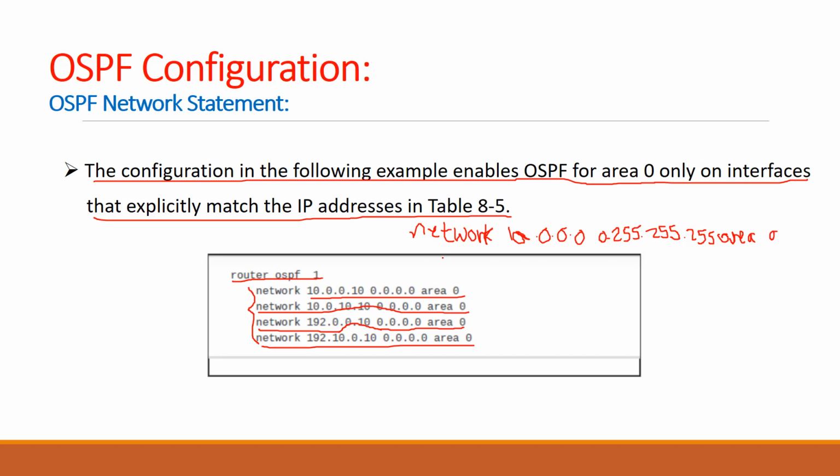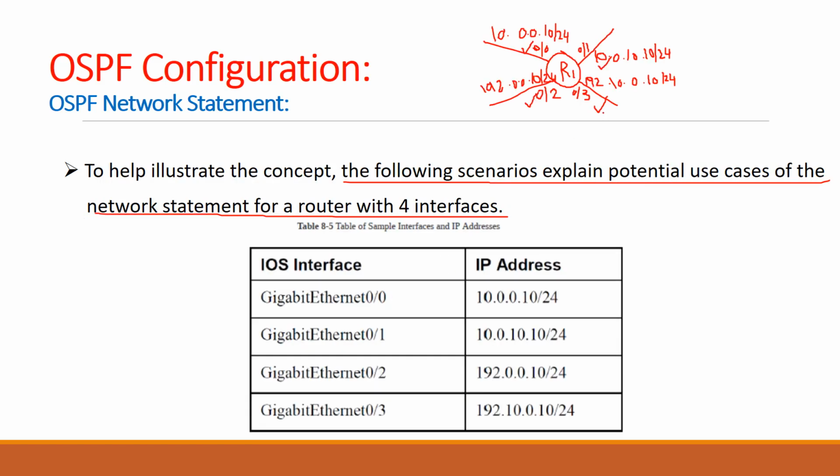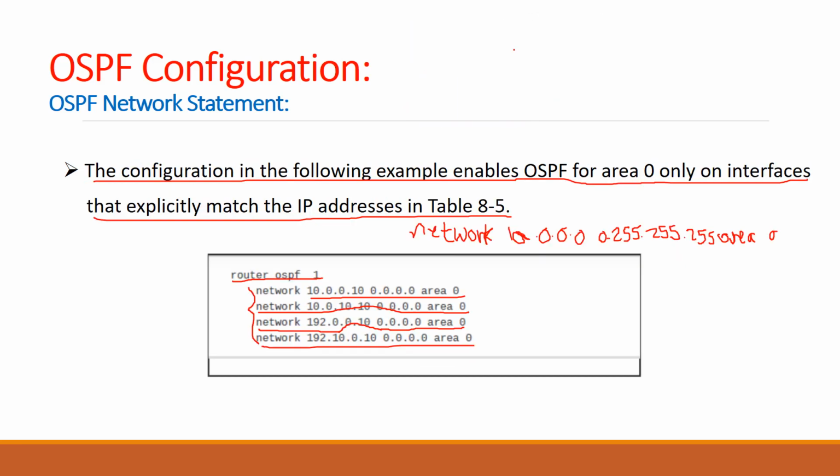This network statement will enable OSPF on those 2 interfaces. Why? Because they start with 10. In this example, we use 10.0.0.0, and the wildcard mask will check the first octet only. So the first octet must match for an interface IP address to be enabled, so OSPF will be enabled.